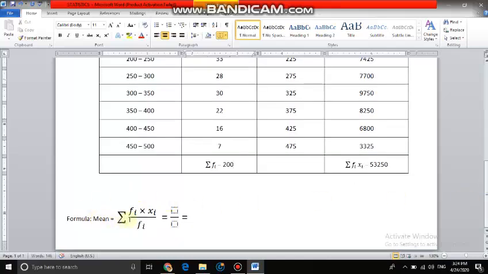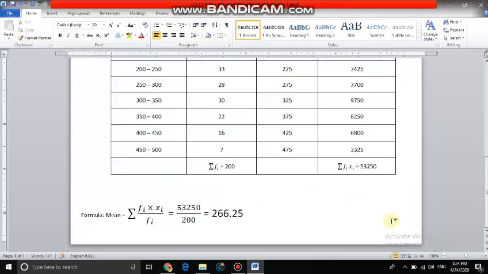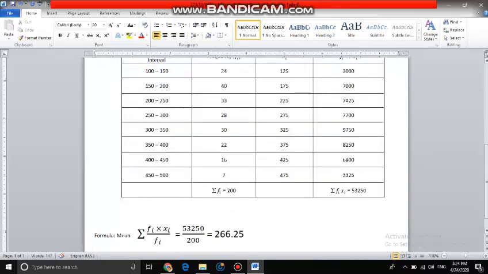So the formula of mean is the summation of Fi Xi upon the summation of Fi. Here I got 53,250 and here I got 200. If you divide, you get the answer as 266.25. So this is the entire procedure for finding the mean of a given data using the direct method.